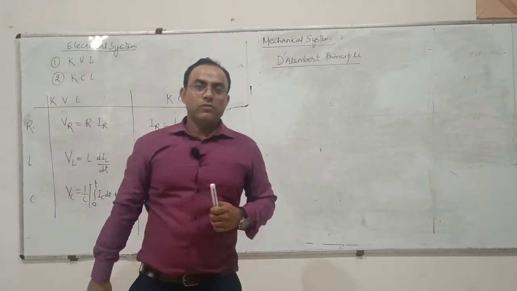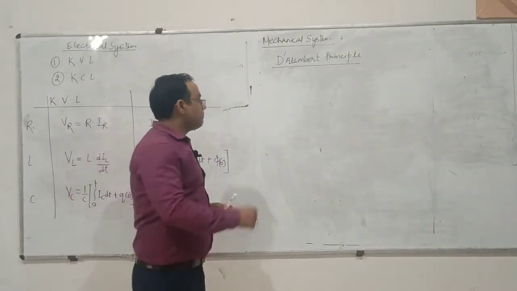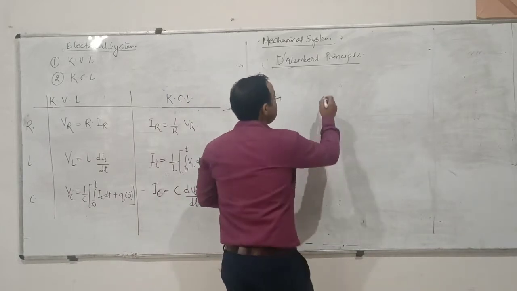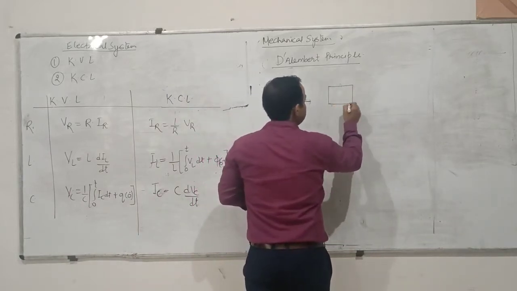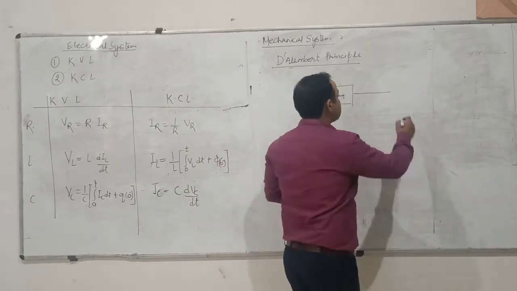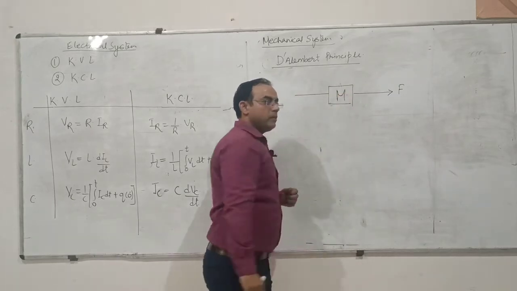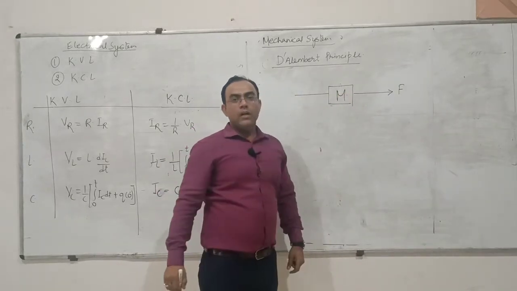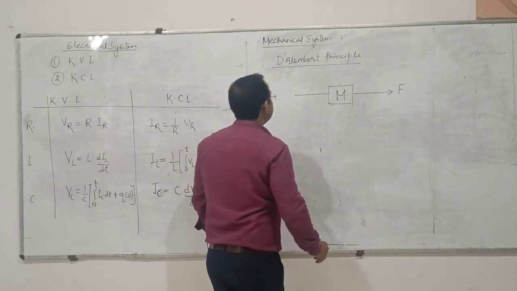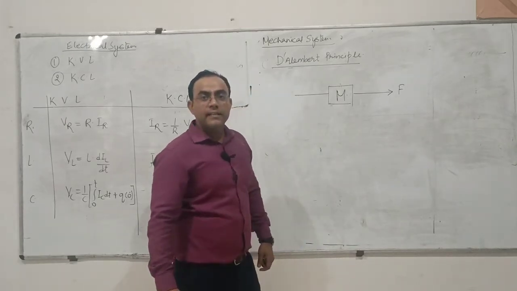So the next question arises, what exactly is the D'Alembert principle? D'Alembert principle says that in a body, the external force applied on a particular body, that is F, will be equal to the summation of all the resisting forces.